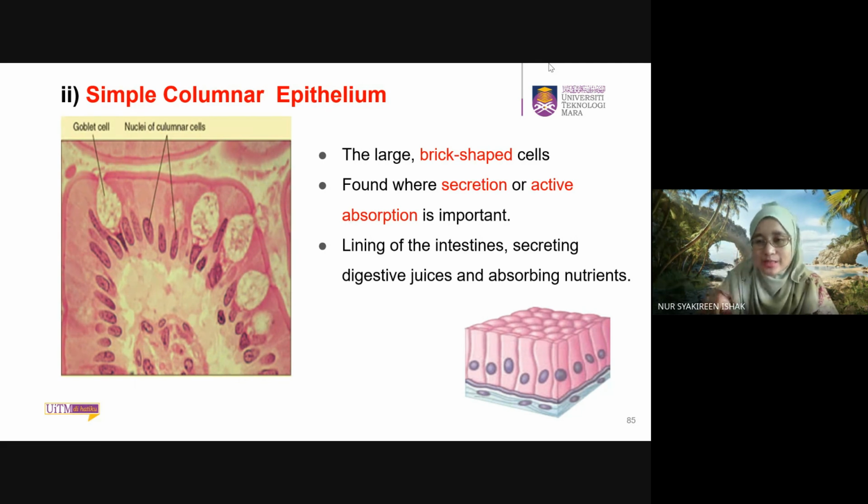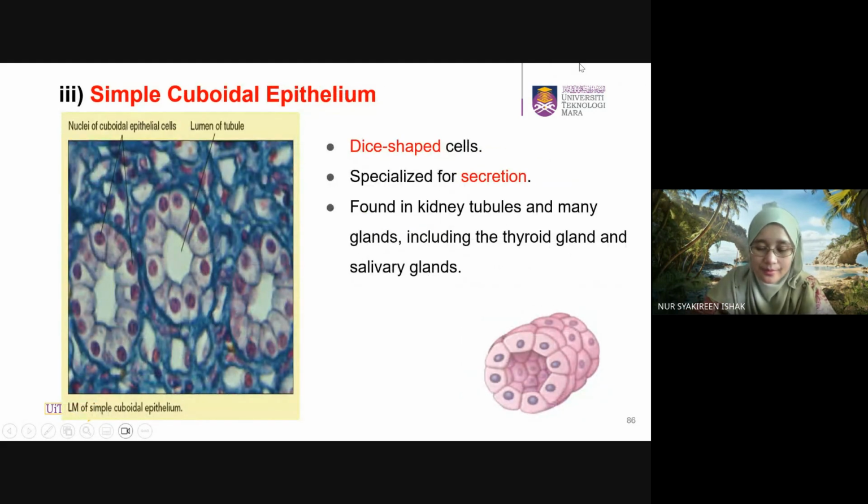So the cell has to be columnar, single layer for absorption, columnar for secretion of enzymes and also absorption. And then we have simple cuboidal, specialized for secretions, found in kidney tubules. Kidney tubules here refers to the structure of nephrons, the cells lining the nephrons. So the cell arrangement will be simple cuboidal, a single layer for absorption and also secretion.